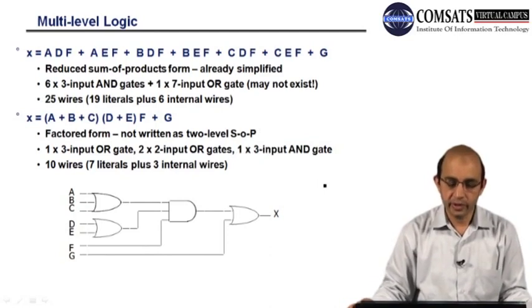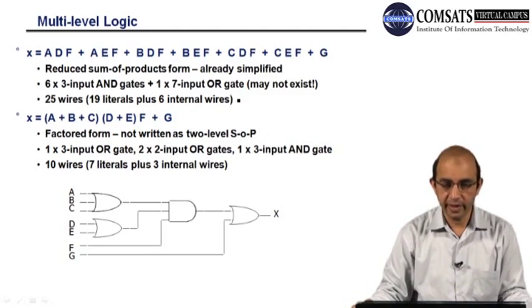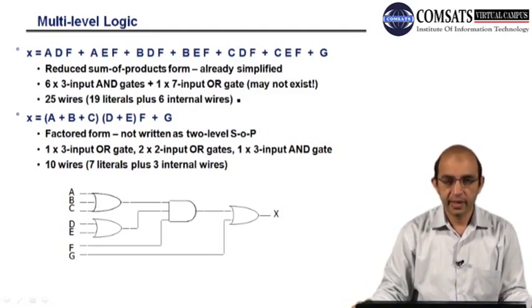I will not go into details regarding those numbers, but we can have an idea that here we require lesser resources regarding the area, the wires and the variables and literals, right?